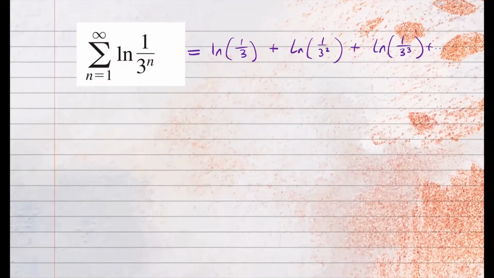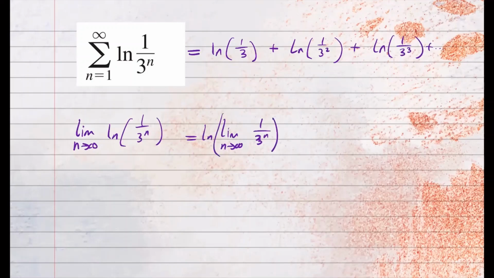Now let me take the limit. So the limit as n gets larger of ln of 1 over 3 to the n. Since ln is continuous, as we get to infinity, I'm going to push the ln outside the limit. So you have the limit as n approaches infinity of 1 over 3 to the n, and I have ln of all of that.